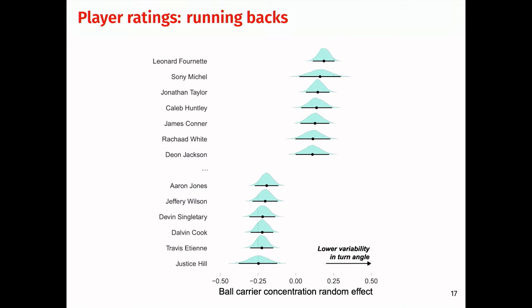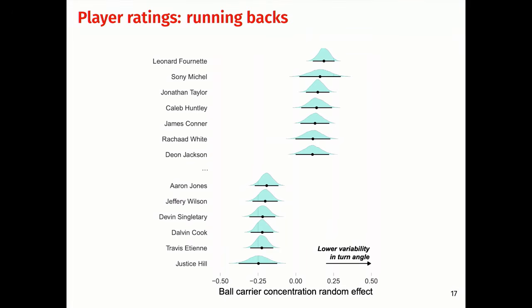So the players up at the top have lower variability in change of direction, which corresponds to more straight line movement. And those down at the bottom have high variability. In other words, more shifty and erratic turning behavior.